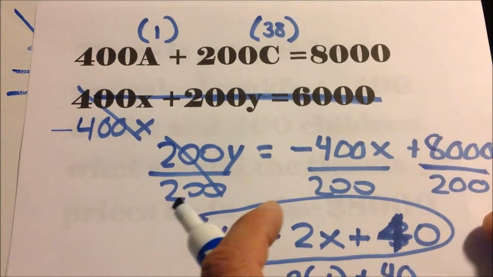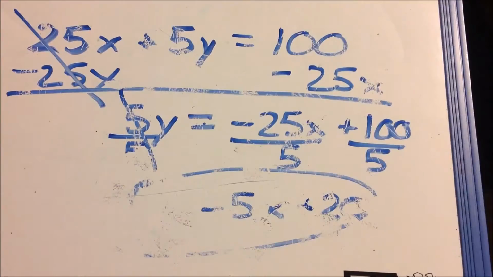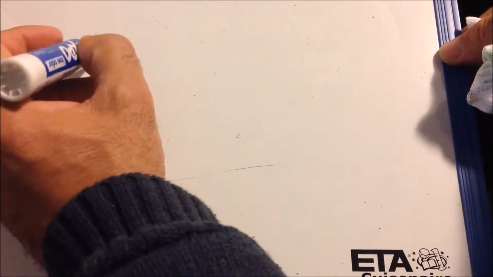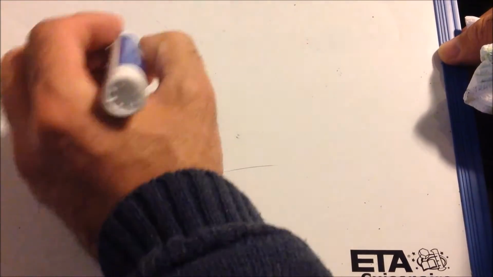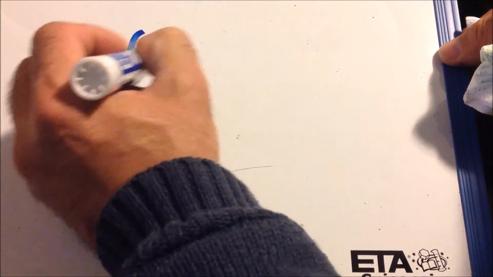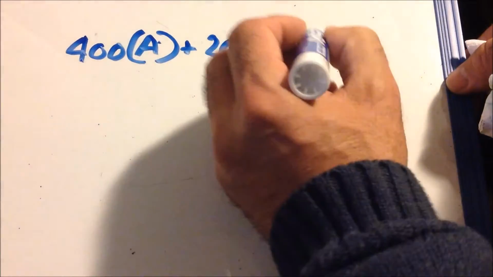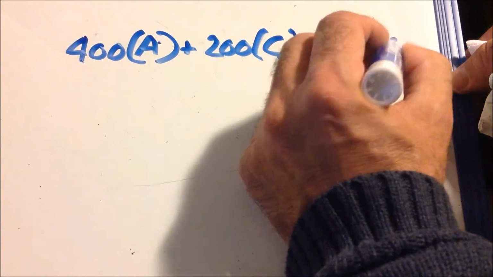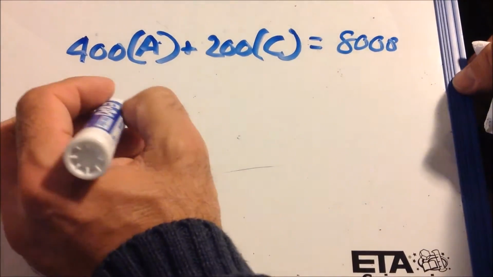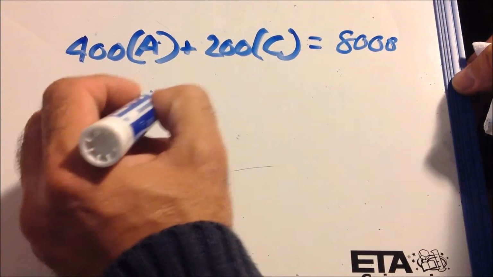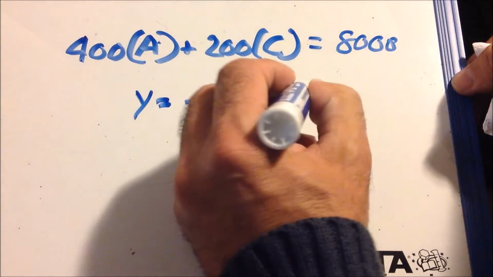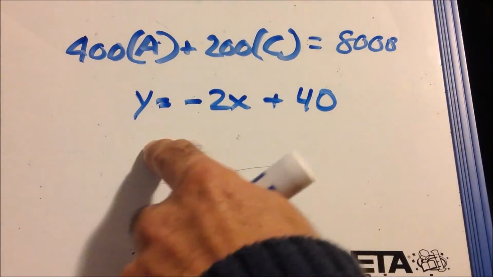So for example, again, let's write this over. We have 400A for adults plus 200C for children, and we want it to equal 8,000. And we already know in slope-intercept form, it's y equals negative 2x plus 40. Right.